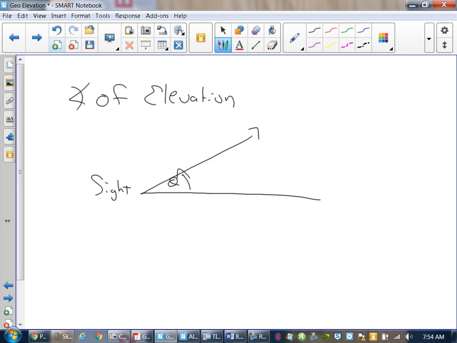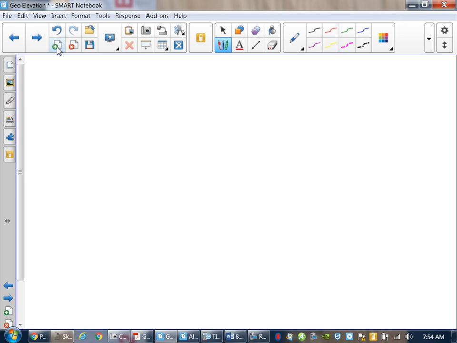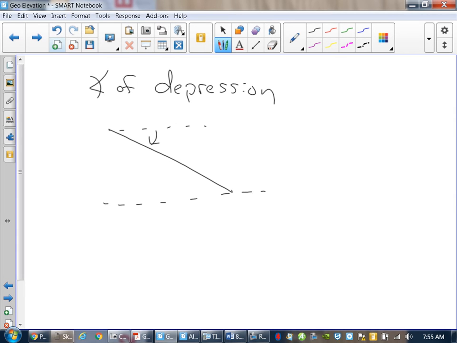The angle of depression, on the other hand, is going to be line of sight downward. Now, line of sight downward is the same as line of sight upward.